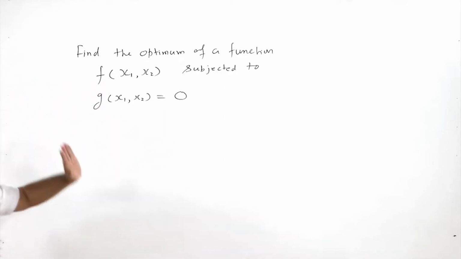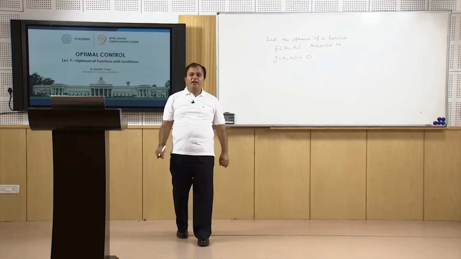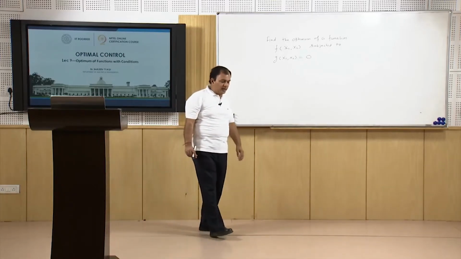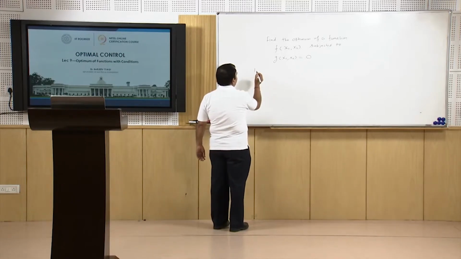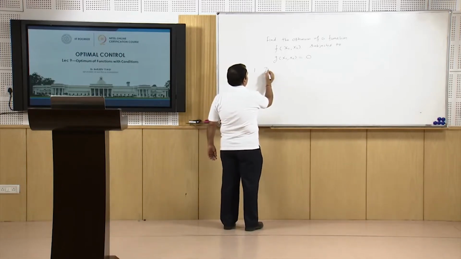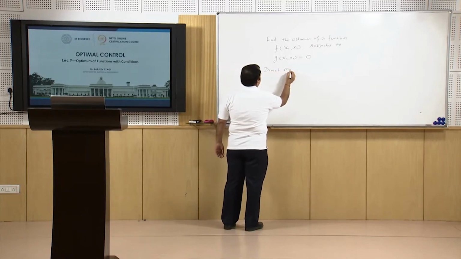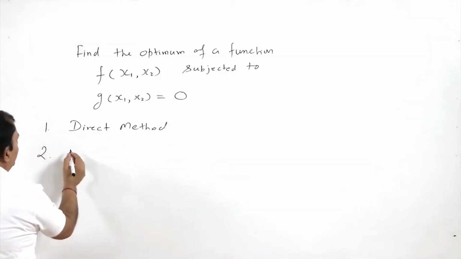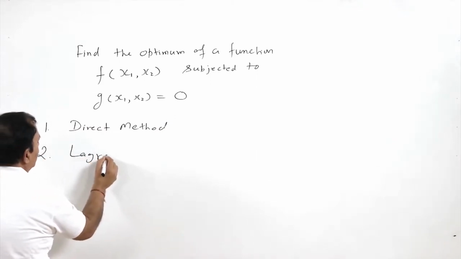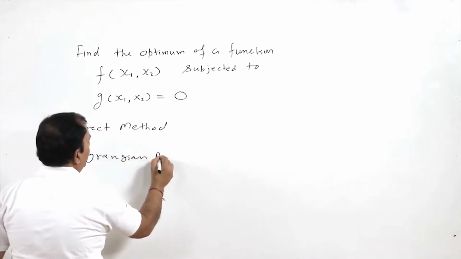So, this problem can be solved in two approaches. The first we call the direct approach and the second is the Lagrangian multiplier approach. So, this problem can be solved as the direct method and the Lagrangian multiplier method.